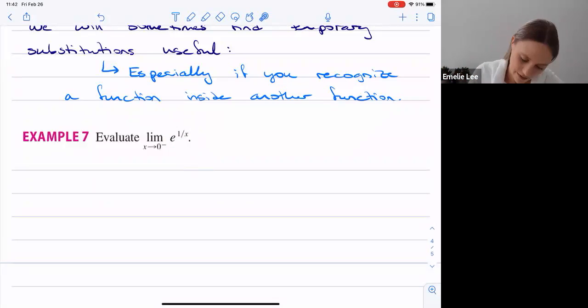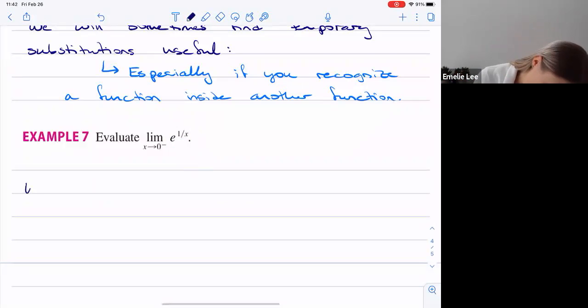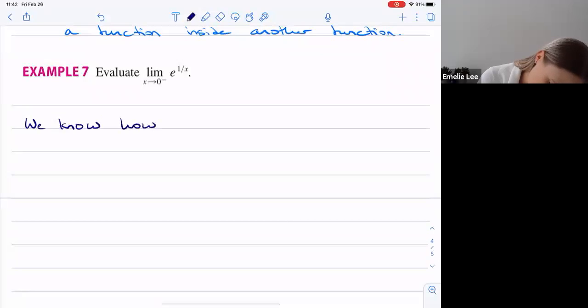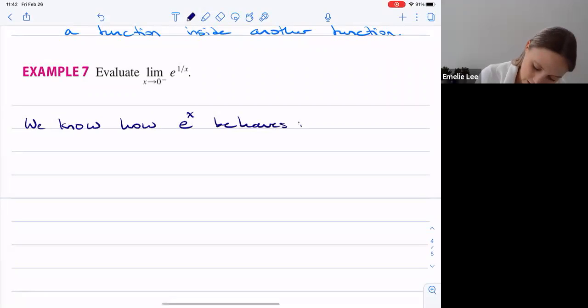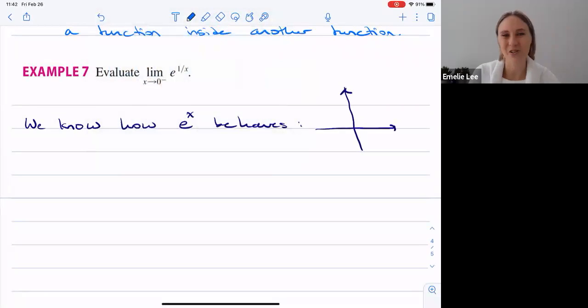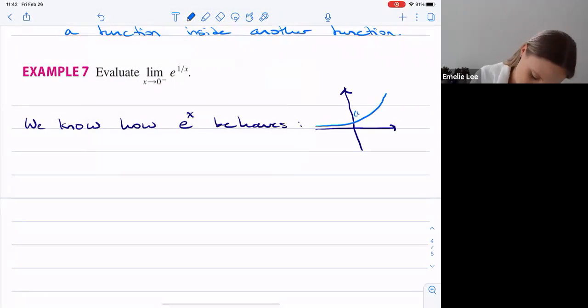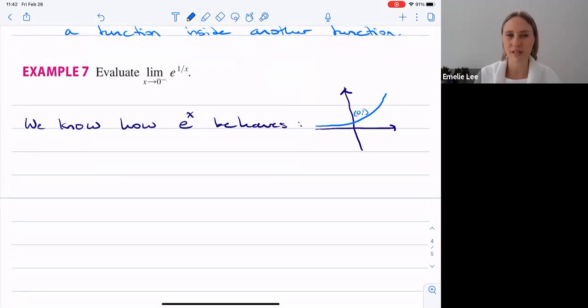So here, we know how e to the x behaves, right? e to the x looks like this, and this is where it becomes really useful to remember what these functions look like. e to the x looks like this, passing through 0, 1. We're not going to use that fact now, but later we will. So may as well throw it on there.